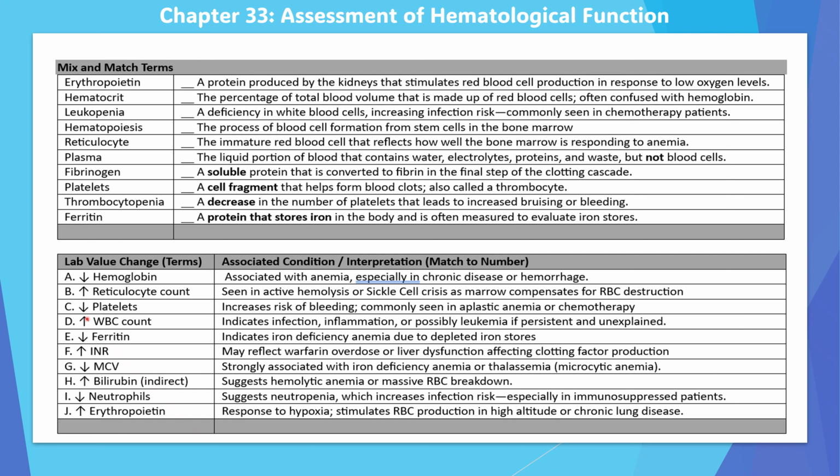If they have low platelets, there's a risk of bleeding. Increased white blood cells indicates infection. This is the iron, ferritin, it's iron. An increase in INR may reflect warfarin overdose.